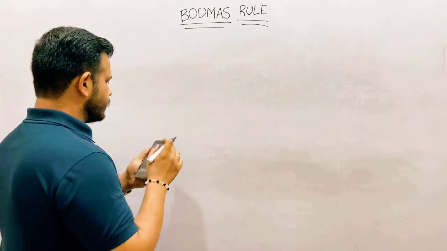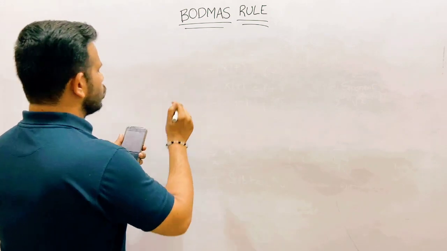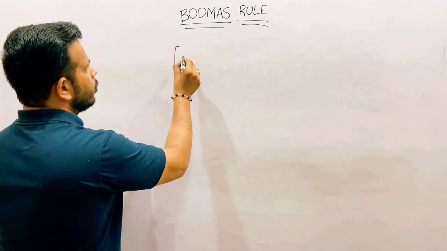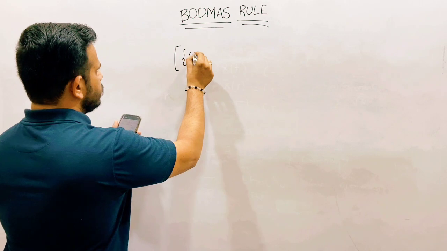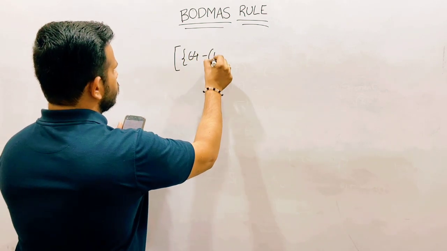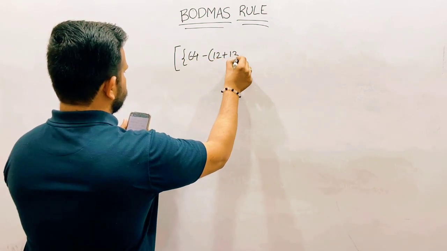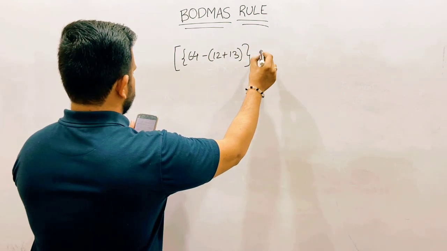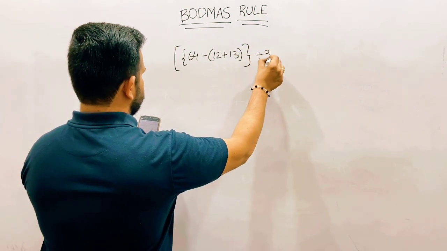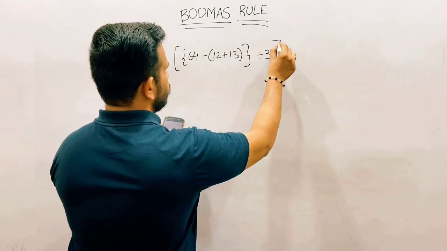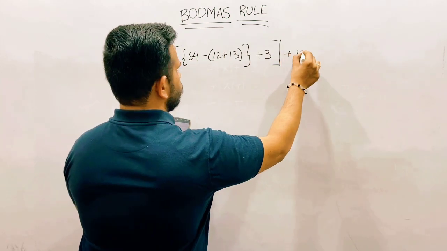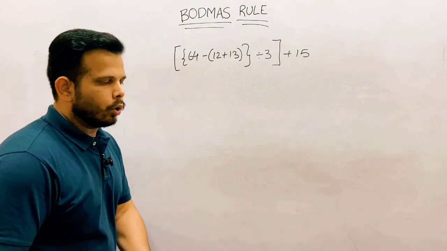Let me explain one problem and understand how to do it. 64 minus (12 plus 13) divided by 3 plus 15. Let me solve this.